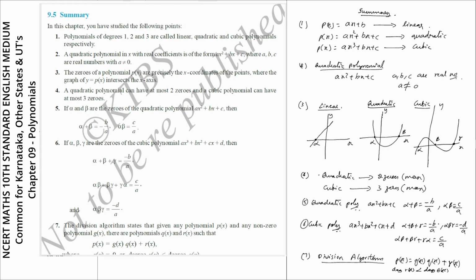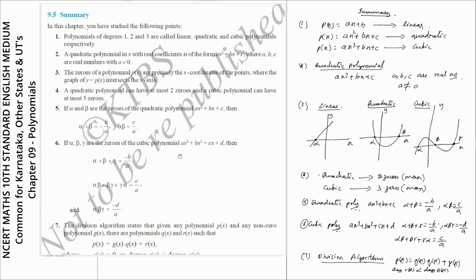You can check it in the graph. Sometimes a quadratic polynomial may not intersect the x-axis at all, and sometimes it may just touch the x-axis at 1 point. So overall, a quadratic polynomial may have 2 zeros maximum, and a cubic polynomial can have at most 3 zeros. That means it can intersect the x-axis at most at 3 places.